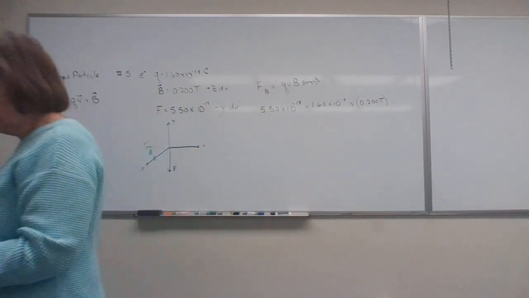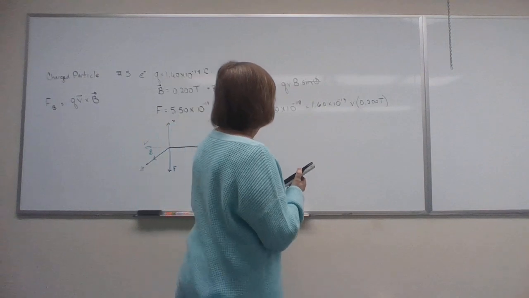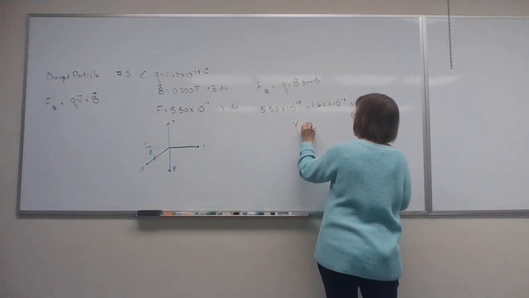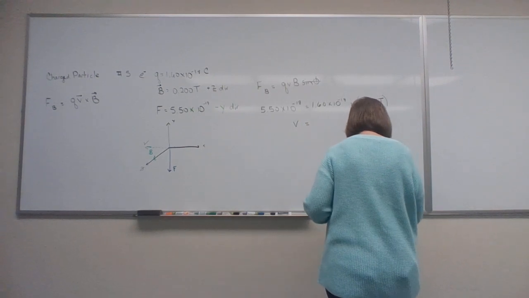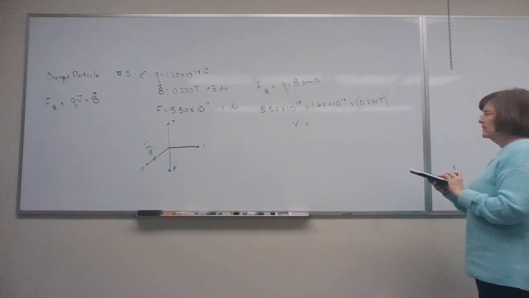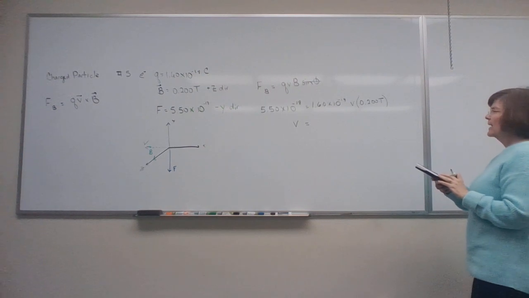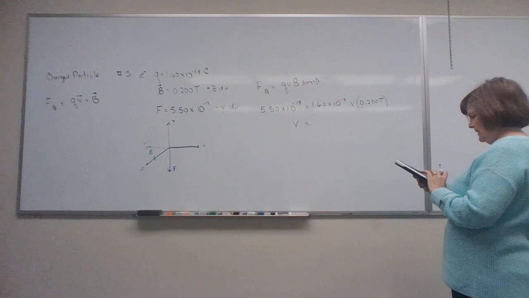I'm going to need a calculator, obviously. When I solve for V, I'm going to have 5.50 times 10 to the negative 18 divided by charge of 1.60 times 10 to the negative 19.